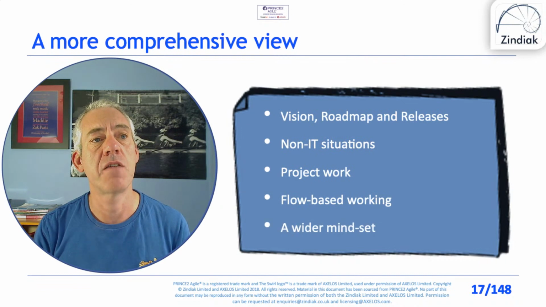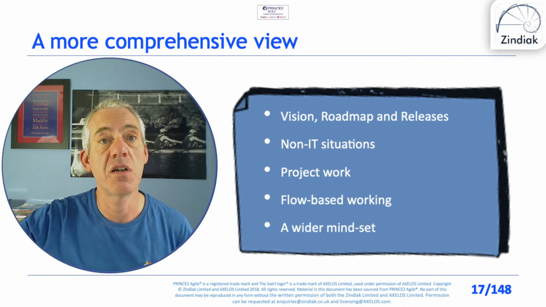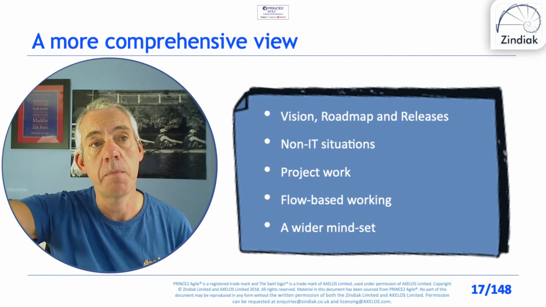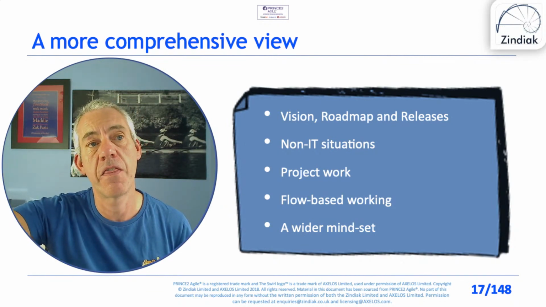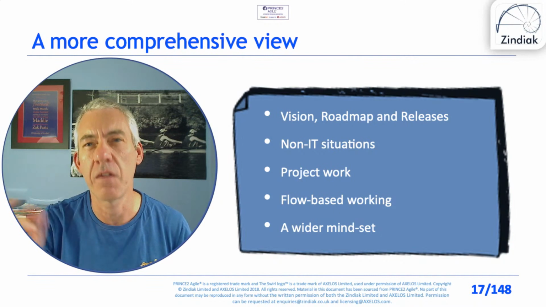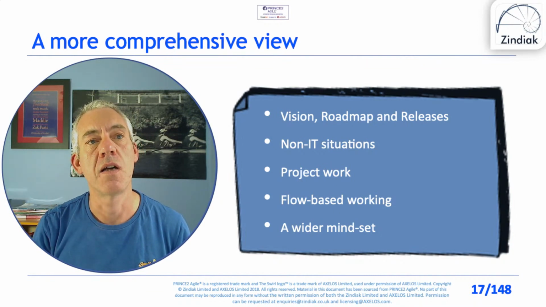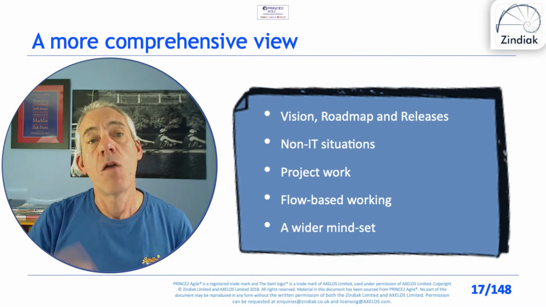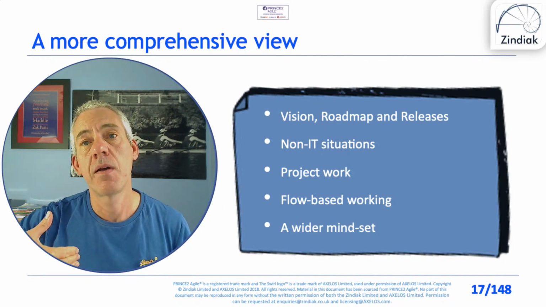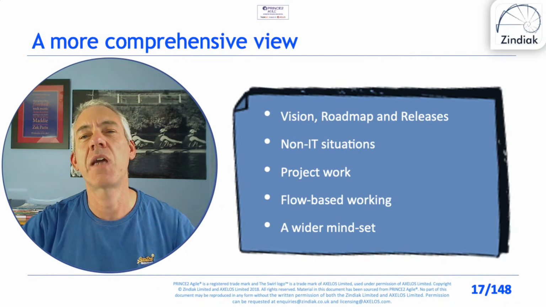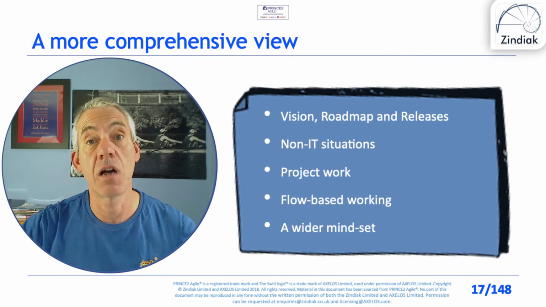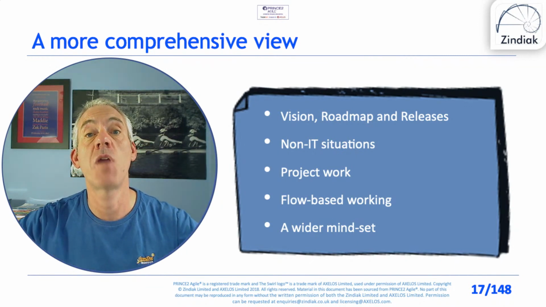So a more comprehensive view of Agile: definitely a vision, an overall vision that we're aiming for, and I'll talk about the sprint goal, which is kind of the vision of the sprint, another important point, certainly within Scrum. Roadmaps and releases help with communication with stakeholders in terms of letting them know what's coming.